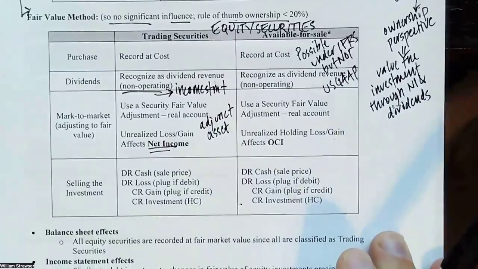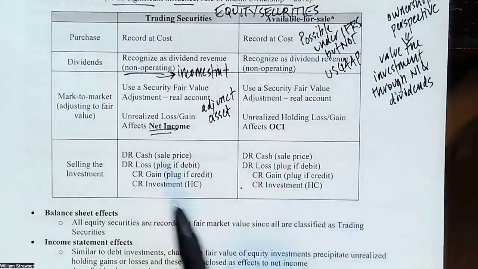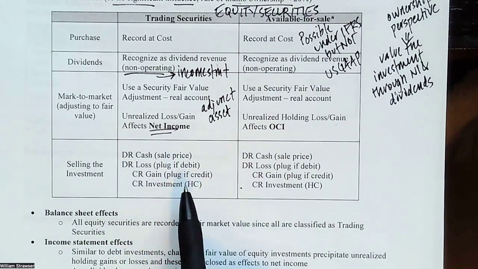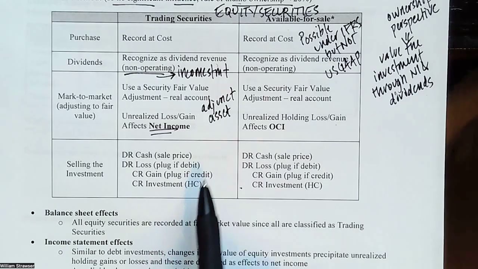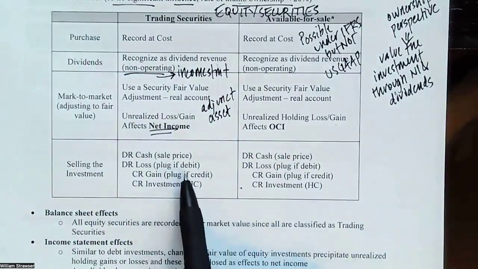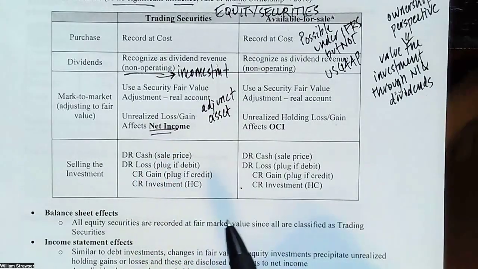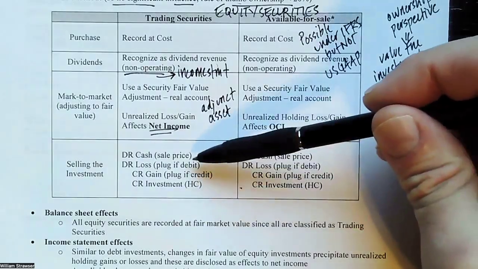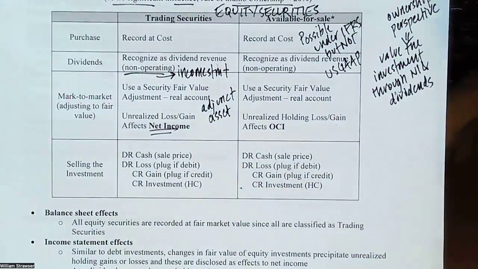And then finally, when we sell the investment, we just debit the amount that we got at the point of sale. We credit the investment at historical cost, HC, because that's what we recorded the initial account at. And then we record a gain or a loss based on the difference between what we bought it at and what we sold it at.